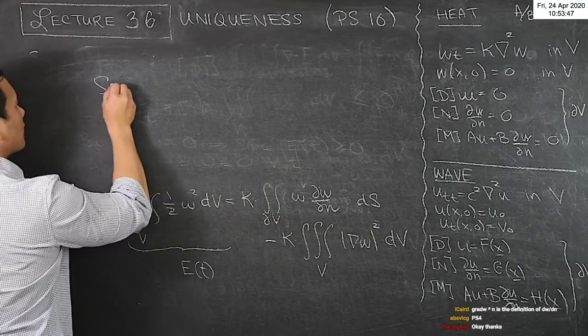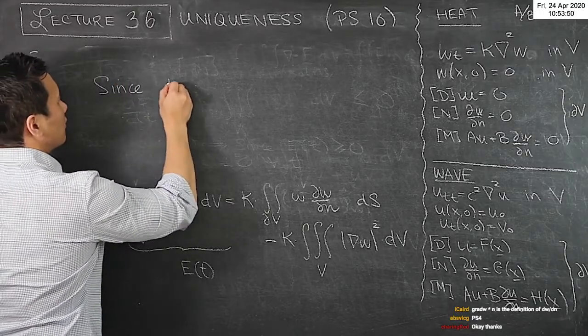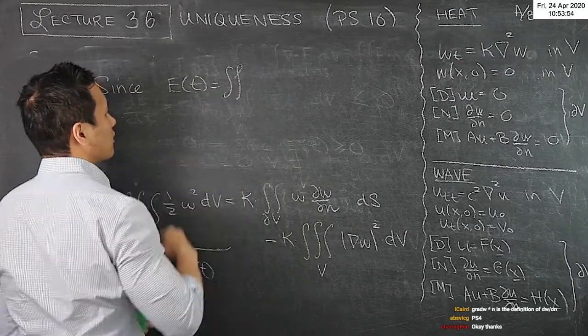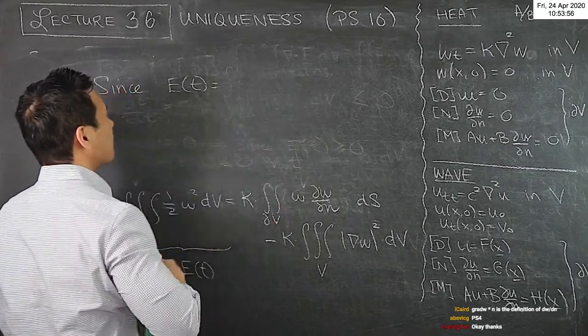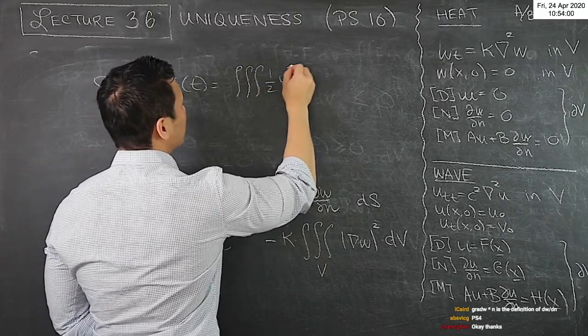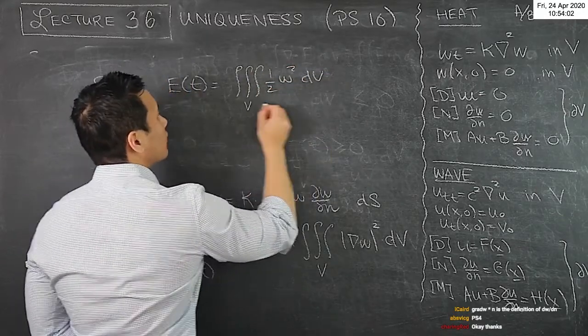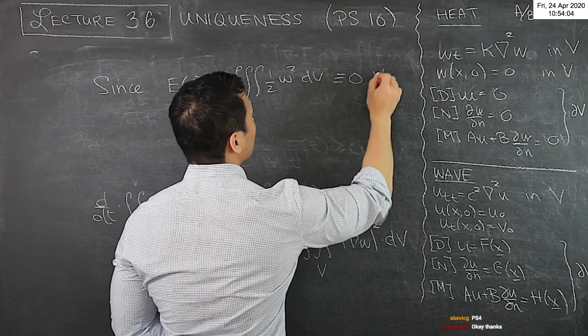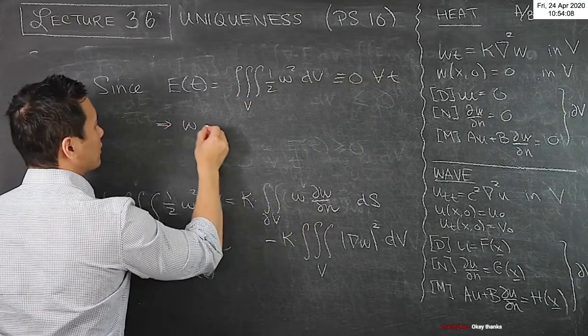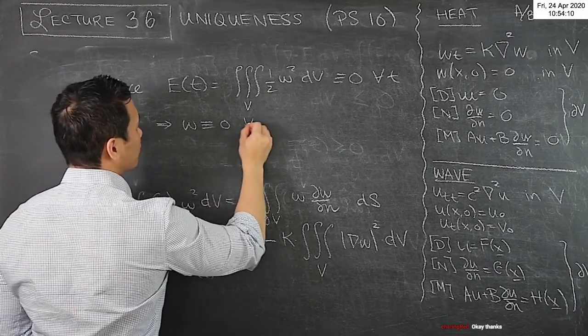So you would say that since E of t, the triple integral of 1/2 w squared dV, is equal to 0 for all t, then the only way this can happen is if w is equal to 0 for all t.